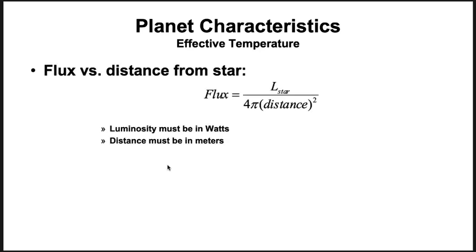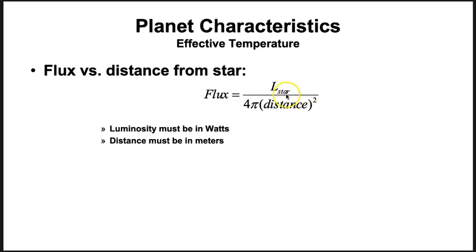Well, the effective temperature is going to depend on the flux of starlight, right? Because when we talk about the energy absorbed from the sun, that's another word for the flux. And the flux of starlight shining on a planet depends on the luminosity of the star, but the exact same equation that we were using at the beginning of the semester: take that luminosity, divide it by 4 pi times the distance squared.